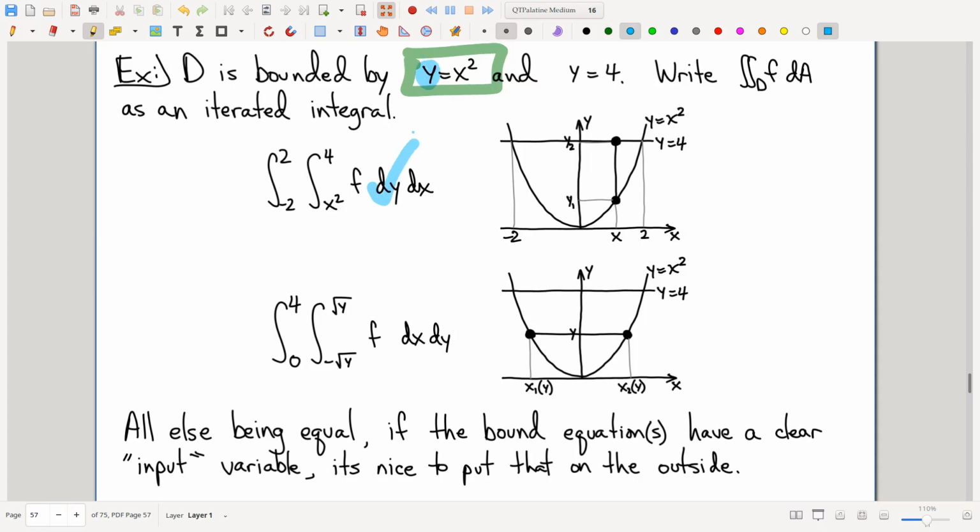Okay, we'll put that on the inside, because whatever you put on the inside, that's the one you're going to have to solve for. Does that make sense? Now, this is not a law. This is not always. This is a good rule of thumb. You're going to come up with more wins than losses if you follow this rule.